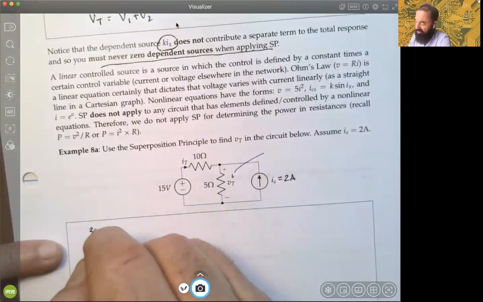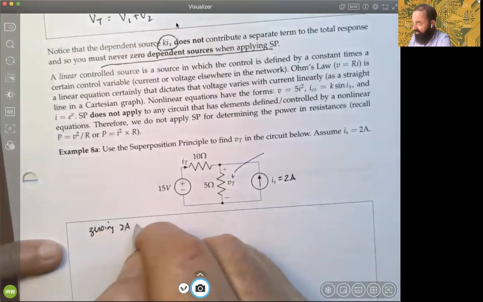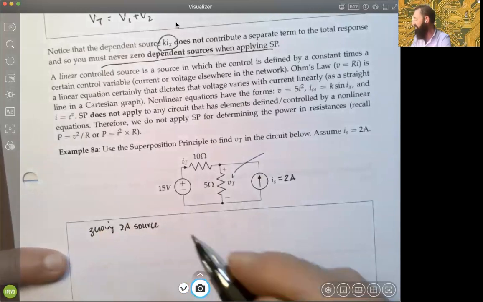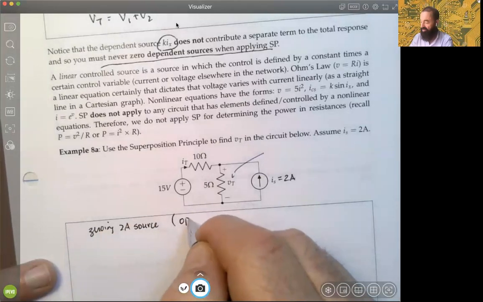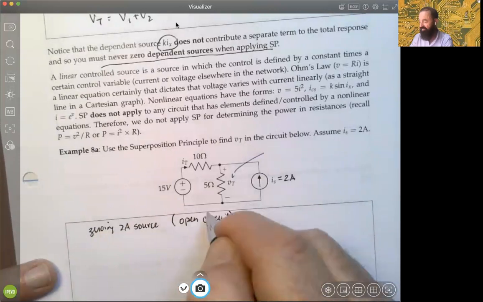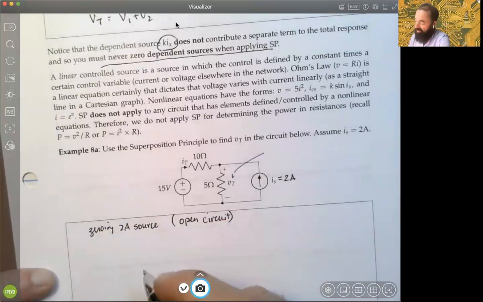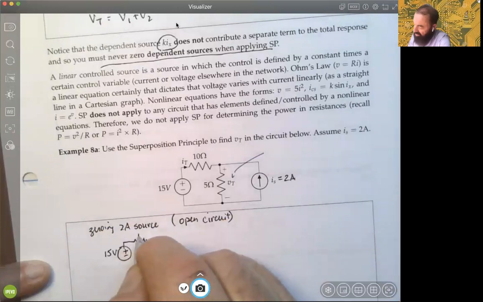So we will start off by zeroing the 2 amp source. And then again, you have to remember, what does it mean to zero out a current source? Remember what that means is we replace it with an open circuit, okay? So then we'll redraw this. The first response will be obtained from this circuit with the current source removed.